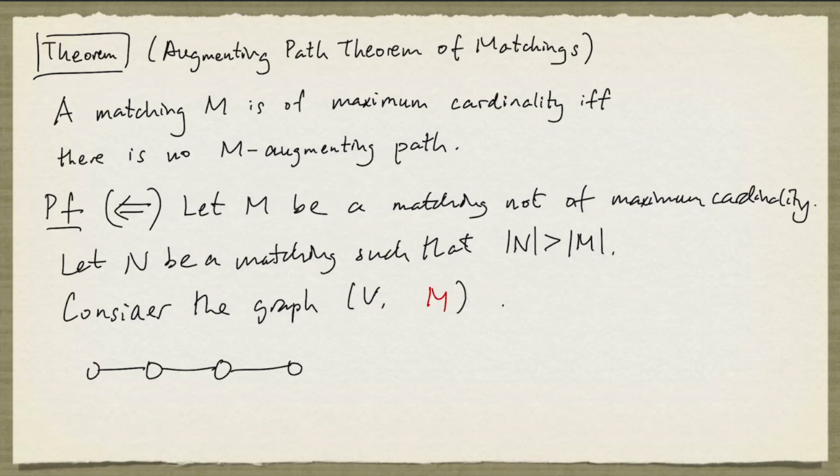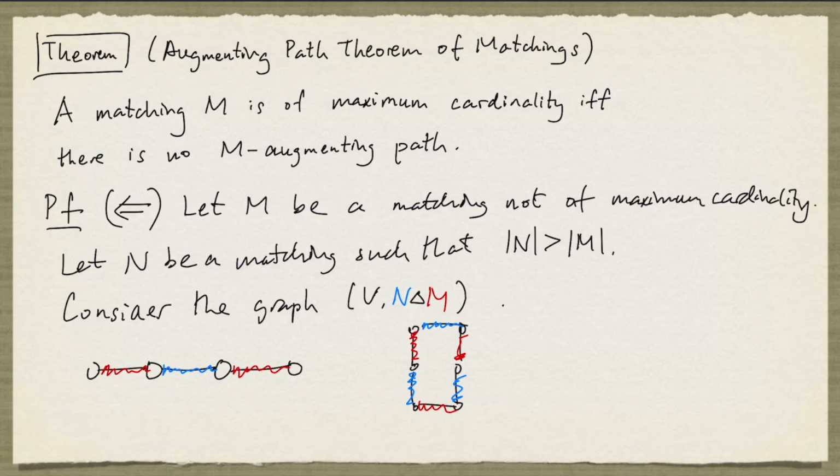Let's say M is red and N is blue. And if we have a cycle, the number of edges must be even because every edge must alternate between an edge in N and an edge in M.